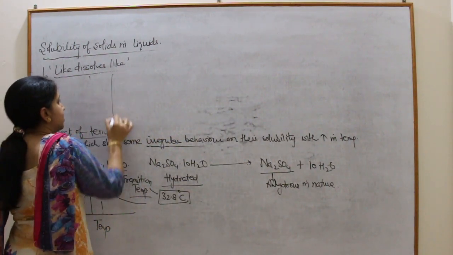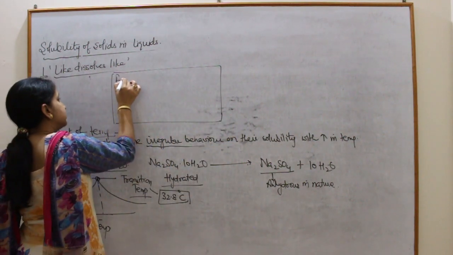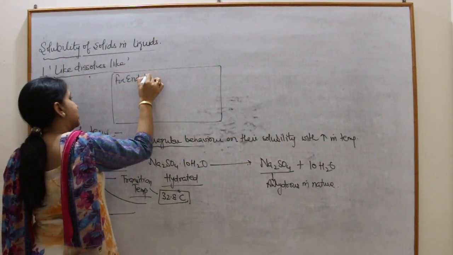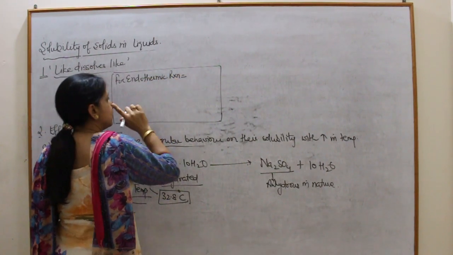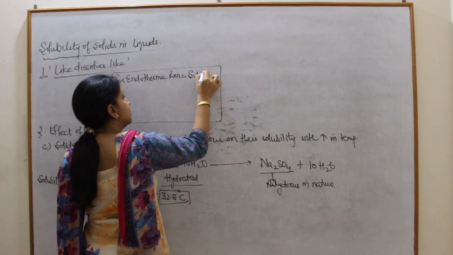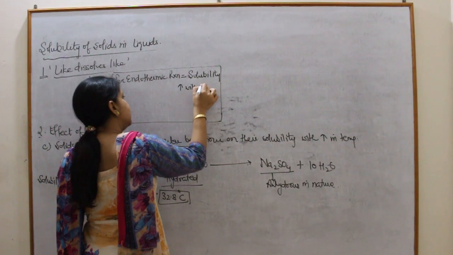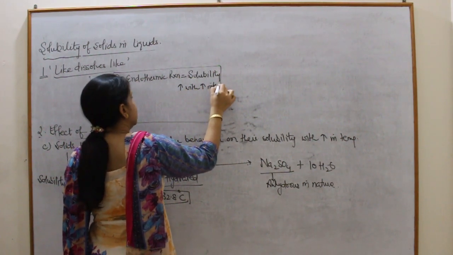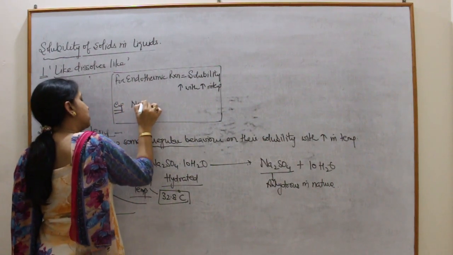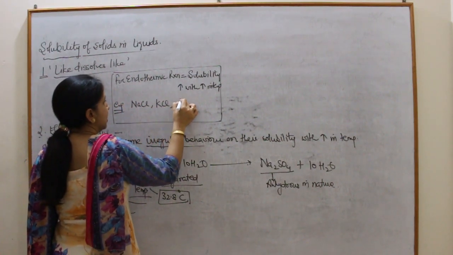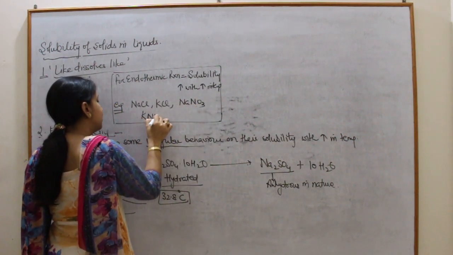So we can sum up the effect of temperature as, for endothermic reaction, solubility increases with increase in temperature. Examples: sodium chloride, potassium chloride, sodium nitrate, potassium nitrate, etc.